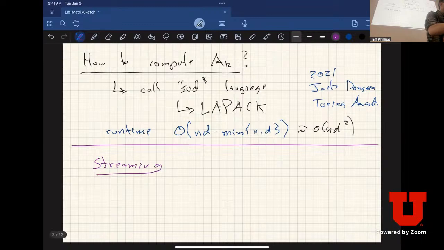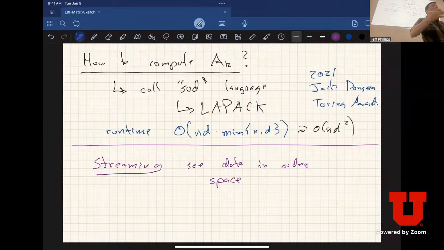This is where you see data in order, and your storage space on your device, say in memory or on a router, is going to be less than N times D. I need space that's much less than N times D. The sort of space we'll be thinking about, we'll be focusing on where N is greater than D, and I'll give you a few different scenarios, and it will change how to think about this.